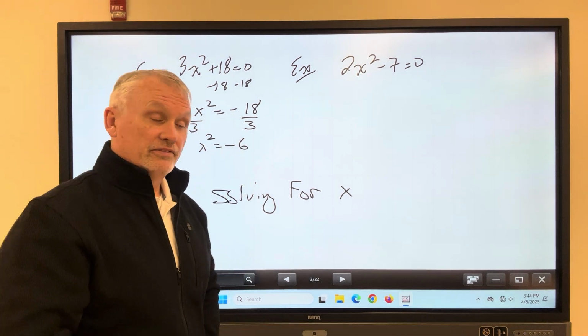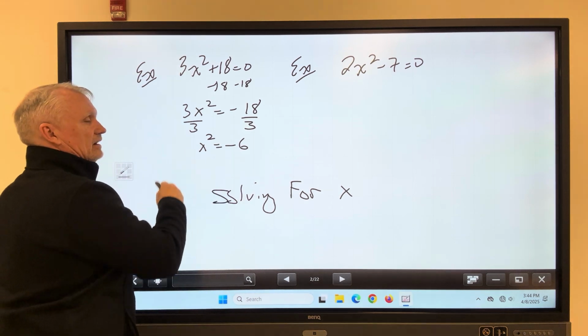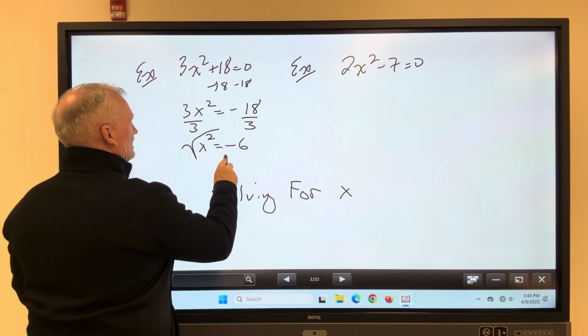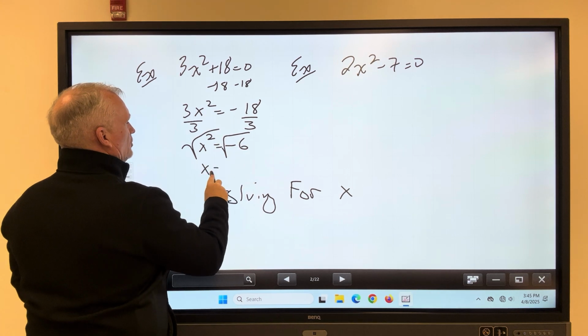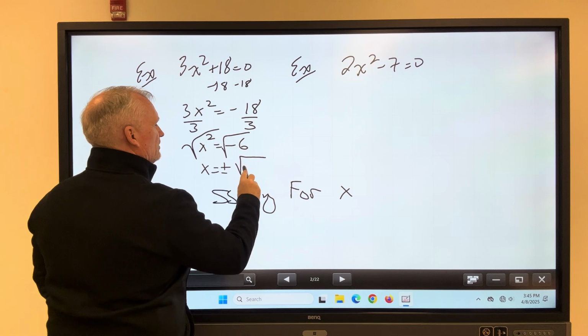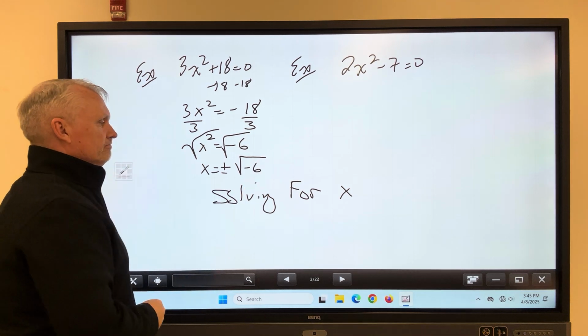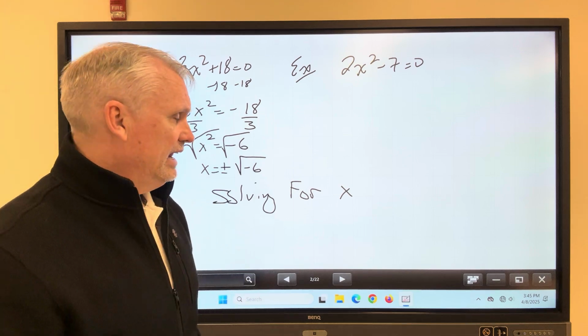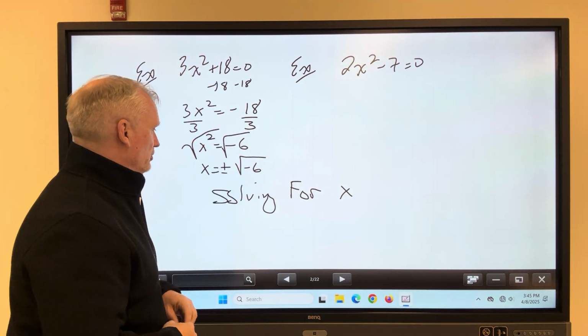How do I get rid of that square? I take the square root. So I got x is equal to plus or minus, always put in the plus or minus, the square root of negative 6. Now we've already talked about how to get rid of that negative. You can't have a negative in this square root.